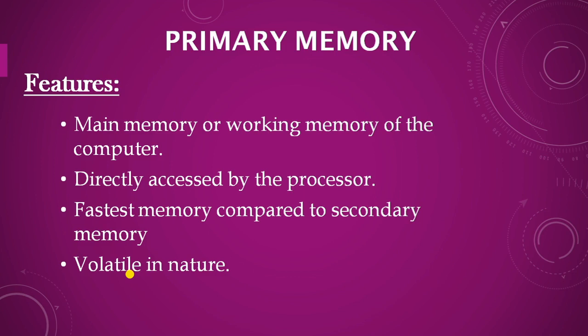You are creating it, and suddenly the power goes off. If you don't save it, that entire document will be lost. If you don't save it and the computer gets switched off without UPS backup, the total work will be lost. So that is volatile in nature. Volatile memory is memory which stays active as long as the power is on.